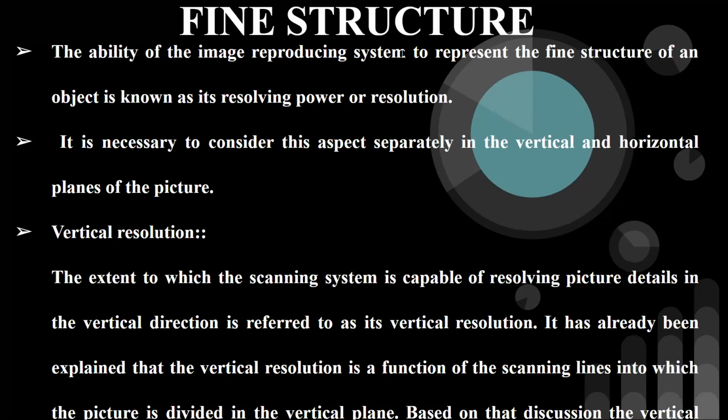It has already been explained that vertical resolution is a function of the scanning lines into which the picture is divided in the vertical plane. So suppose this is the vertical plane drawn here. Vertical resolution is a function of scanning lines into which the picture is divided in the vertical plane.